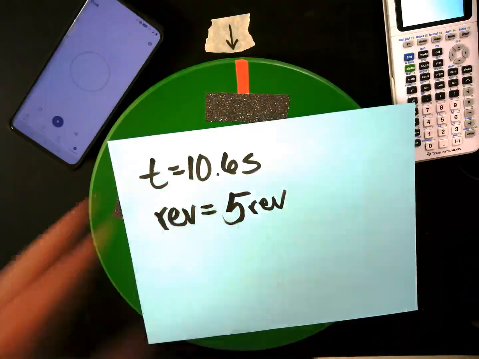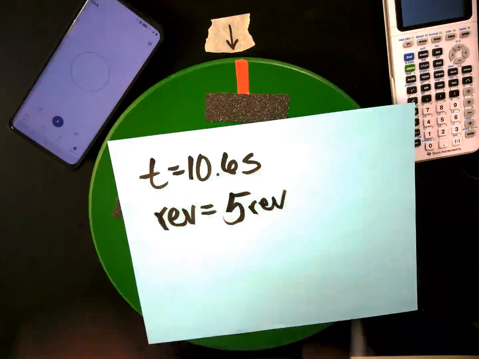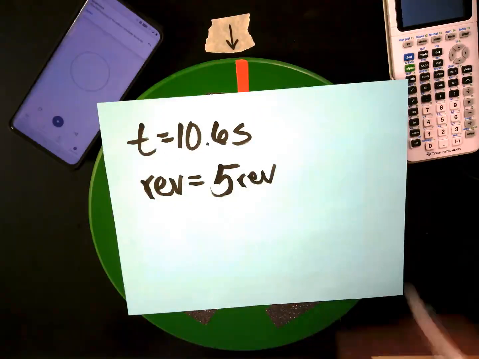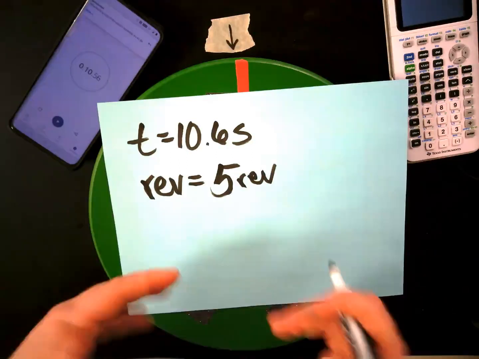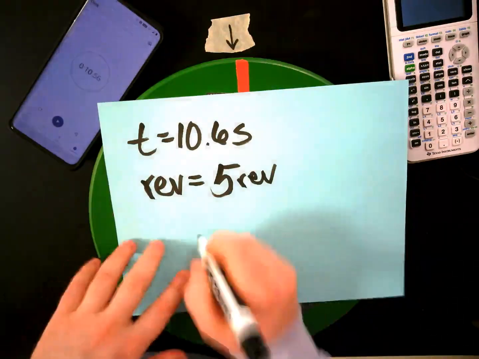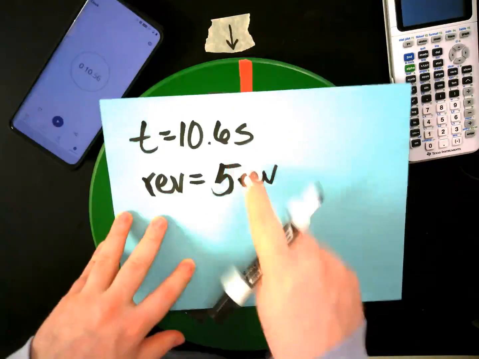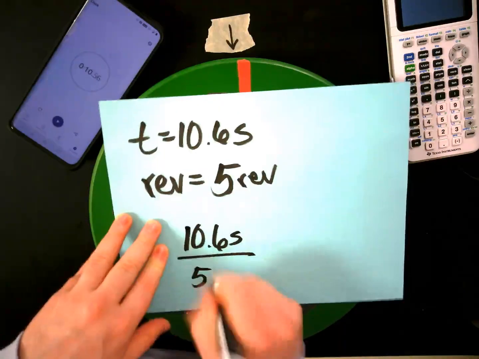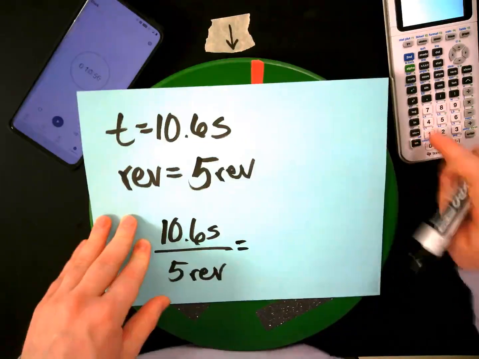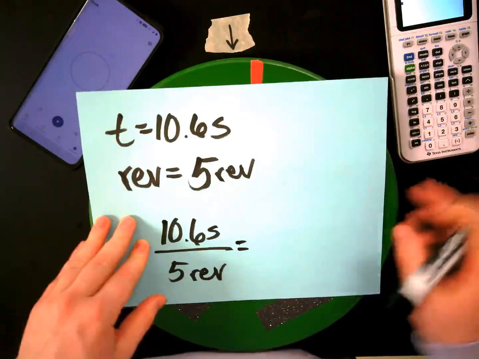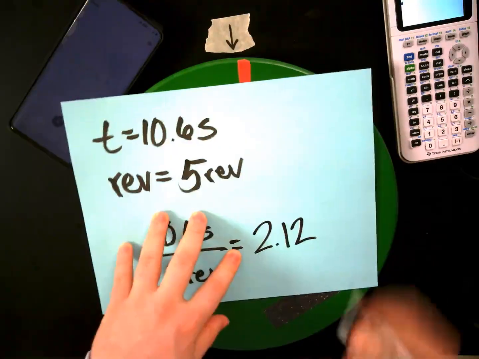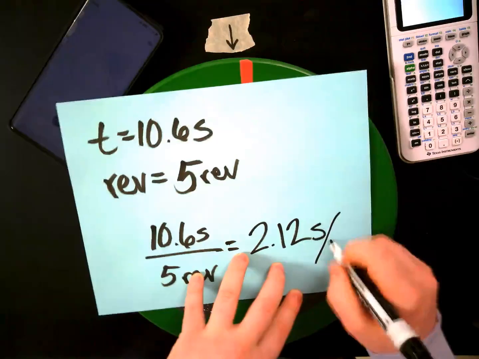If we were to calculate the period of this whole ordeal, it would be the amount of time over revolutions. So it would be 10.6 seconds over 5 revolutions. If we pop that into our calculator, 10.6 divided by 5 gives us about 2.12 seconds for every revolution.